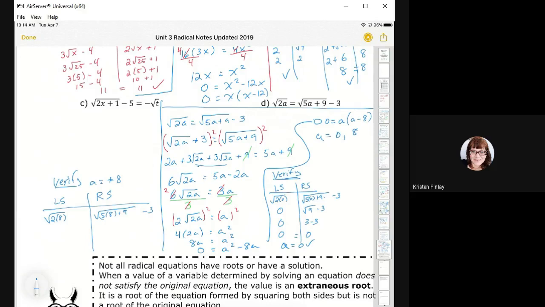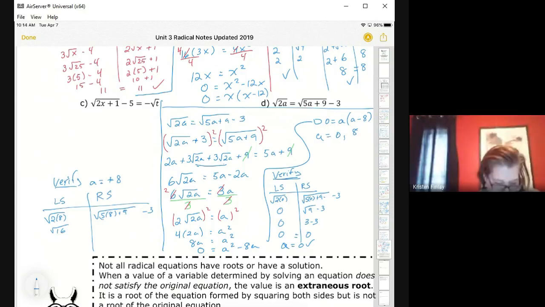So square root of 2 times 8 is square root of 16. Over here, I have 5 times 8, which is 40, plus 9. So this is root 49 minus 3. Well, root 16 is 4. Root 49 is 7 minus 3. So 4 is equal to 4. So they both work.